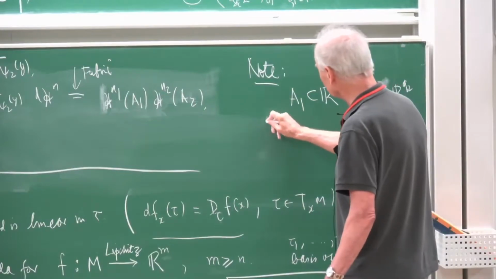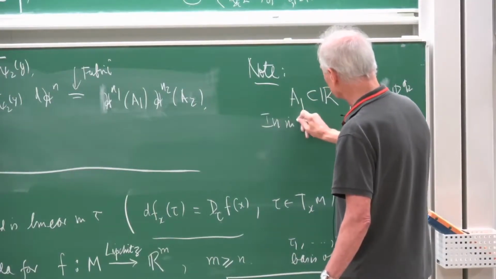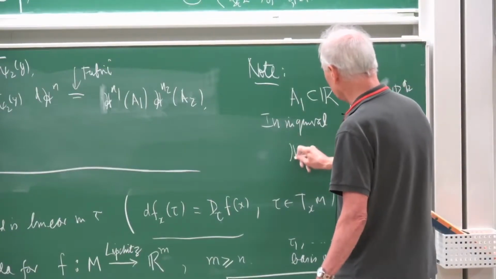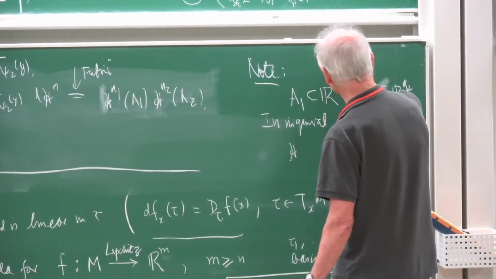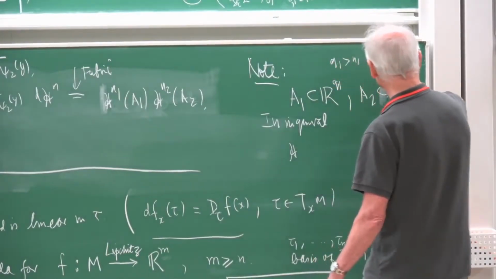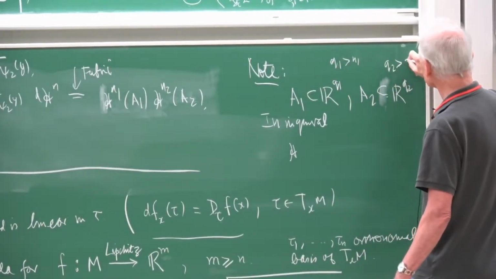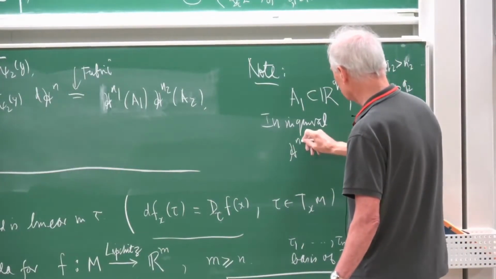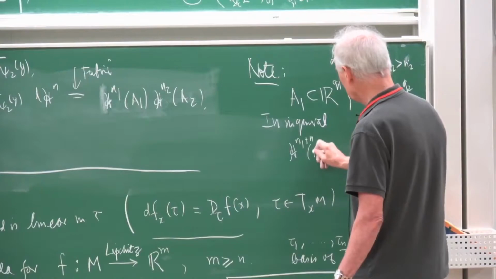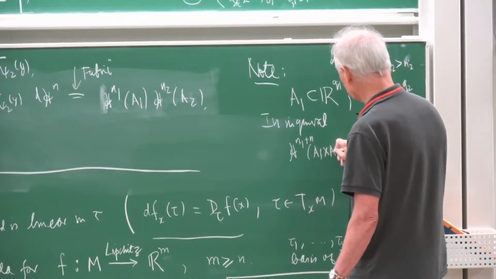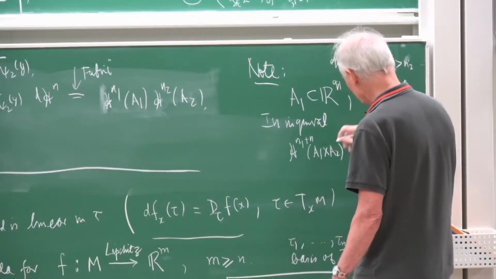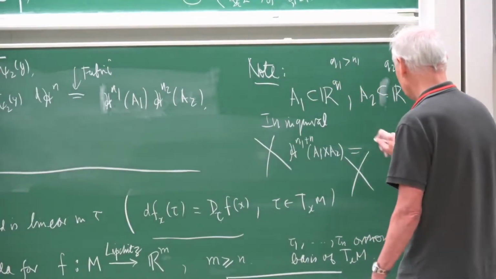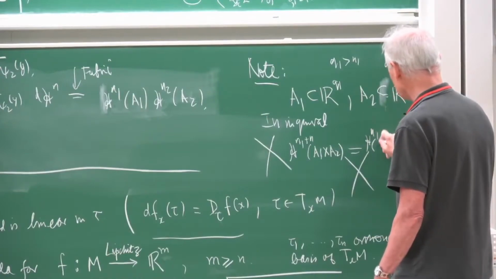Then in general, it's not true, with q1 bigger than n1, say, and q2 bigger than n2, that H^(n1+n2) of the Cartesian product A1 times A2 equals the product of the measures. In general, this is not correct.